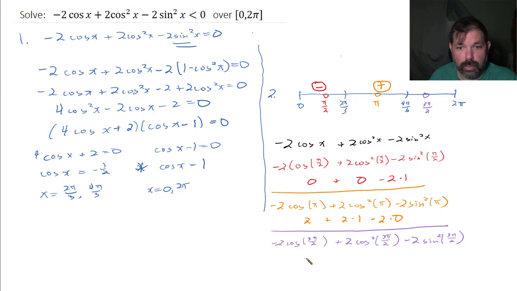The cosine of 3 pi over 2 is 0, so cosine square is, again, 0. Then minus 2 times the sine square, well, 3 pi over 2, the sine is negative 1, squared is 1. Negative 2 times 1 is negative. So this would, again, be negative.